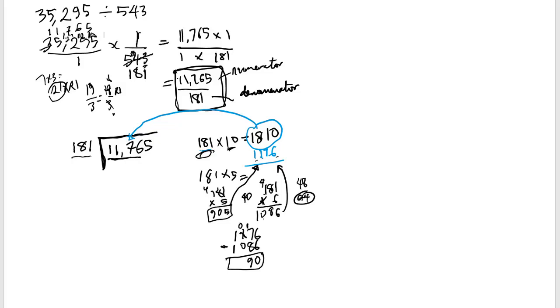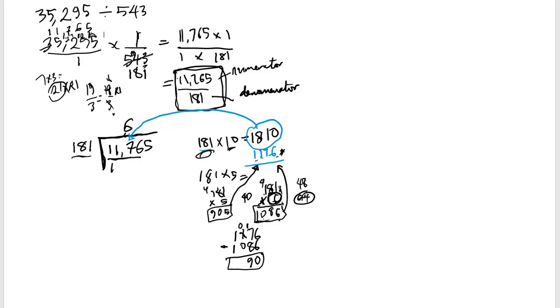You come to this side and you write 6, because it's 6 that gave you a number closer to this particular number. 6 times 181, we've done it here, the answer is 1086.